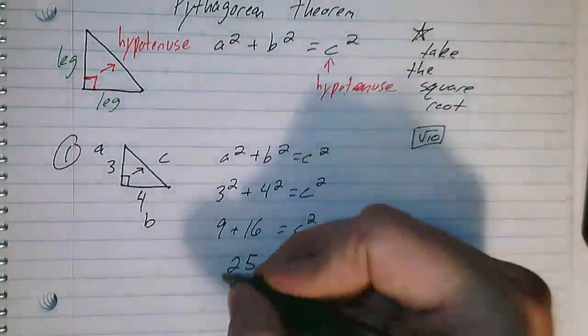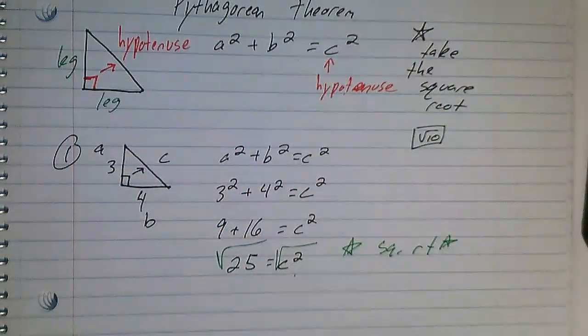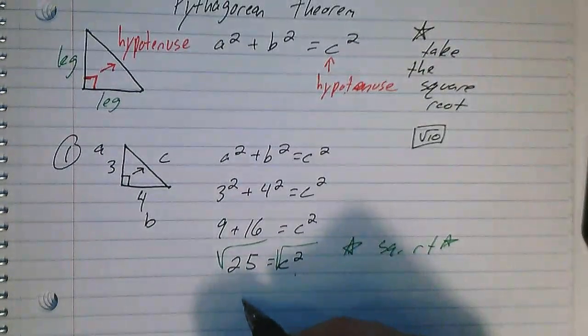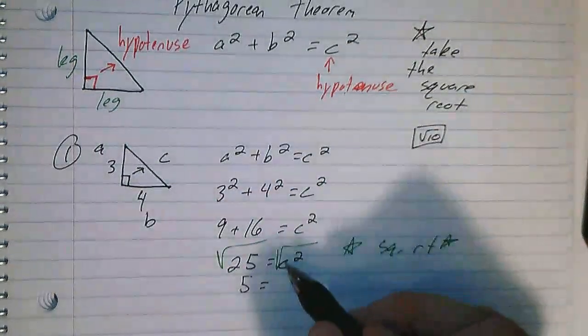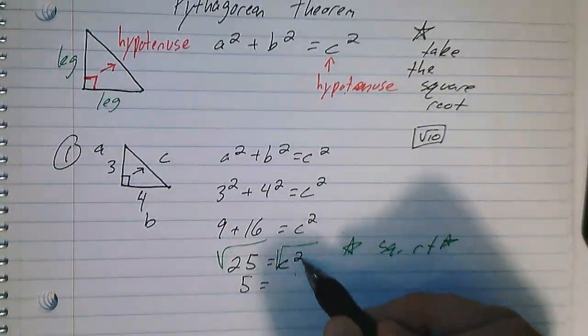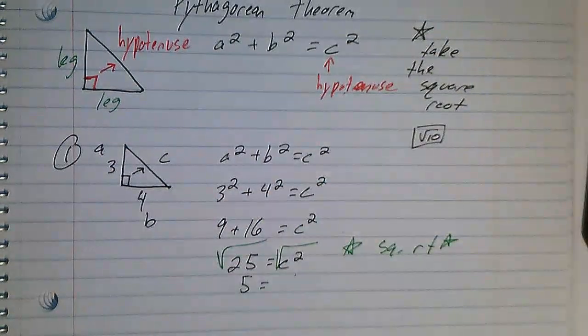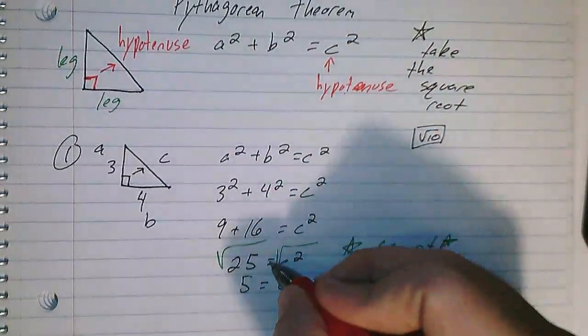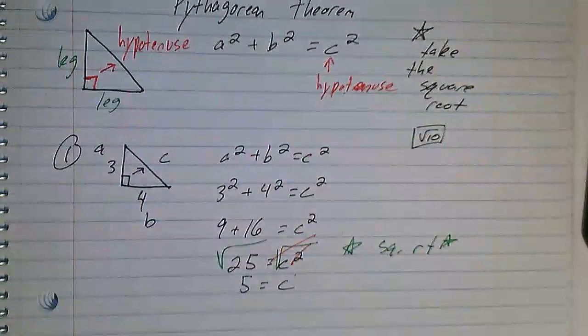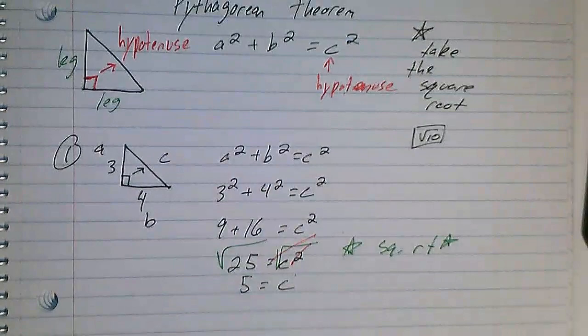So we take the square root of both sides. The square root of 25 is 5. And if I take the square root of a variable that is squared, those are like canceling functions. Squaring something and taking a square root cancel each other out. And our answer is 5.